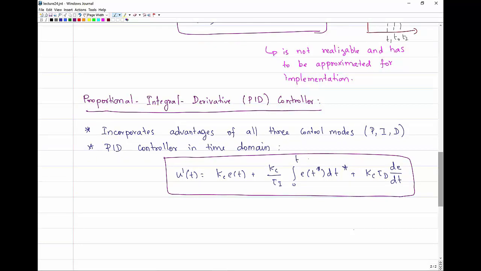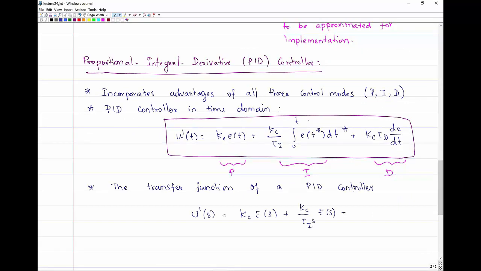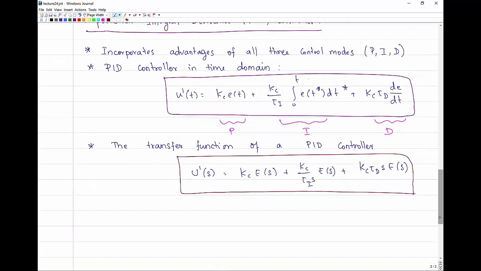Now we can similarly derive a transfer function for the PID controller. Now this transfer function is one of those things that I want you to remember for good from this course. The transfer function of a PID controller is Kc times 1 plus 1 over tau is plus tau ds.